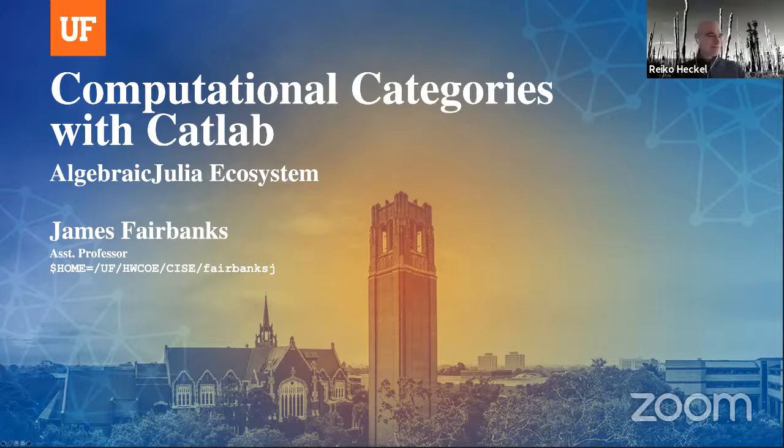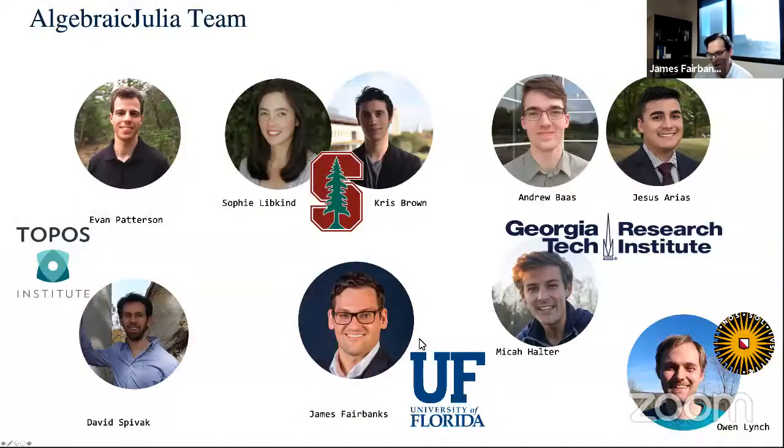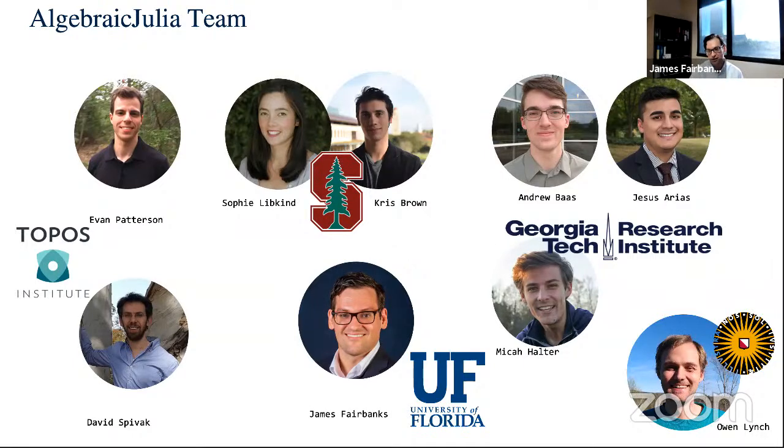Okay, please, James. Great. Yeah, so I'm happy to talk about first the AlgebraicJulia Team. So these are all the people currently working on the project. We have quite a bit of multi-institution collaboration from Topos, where you might have met David Spivak and Evan Patterson.